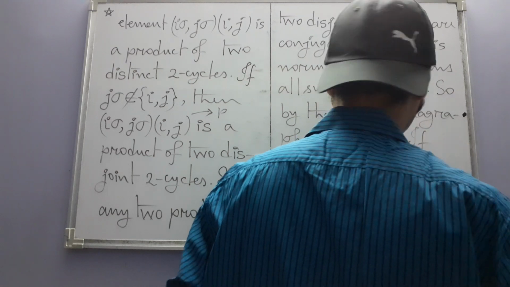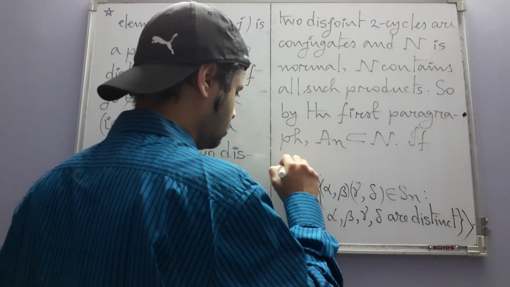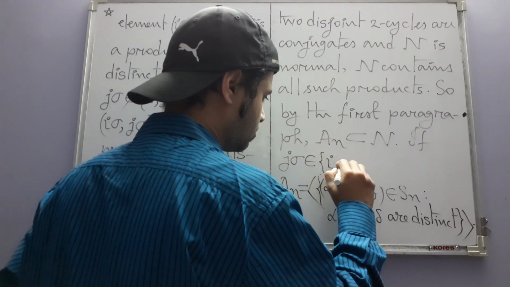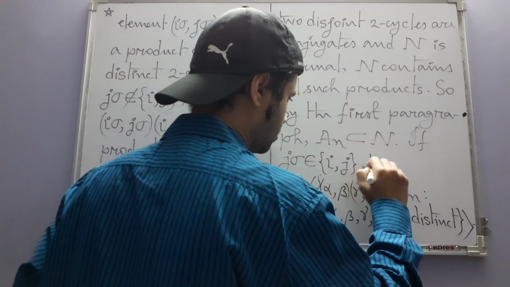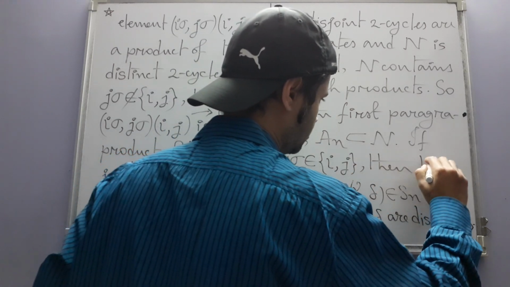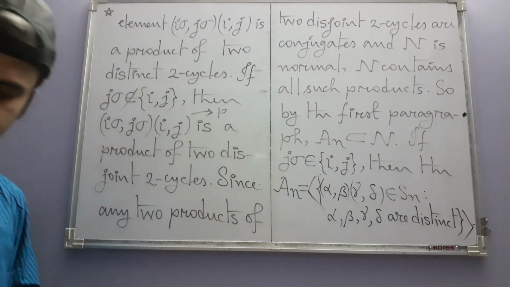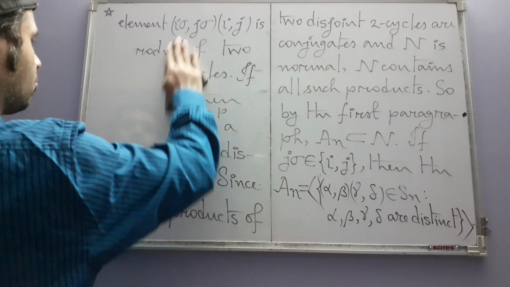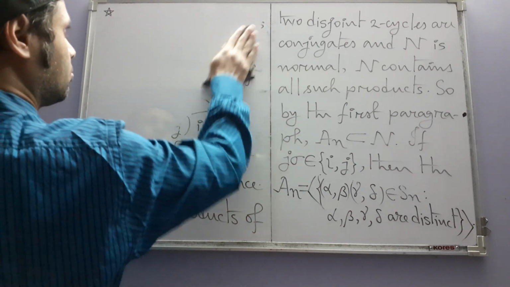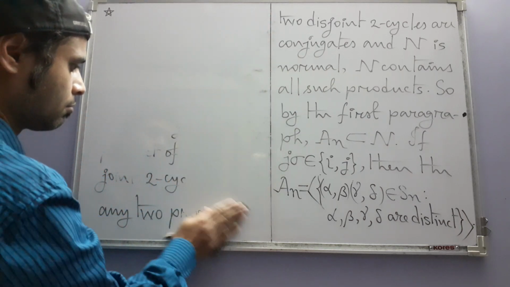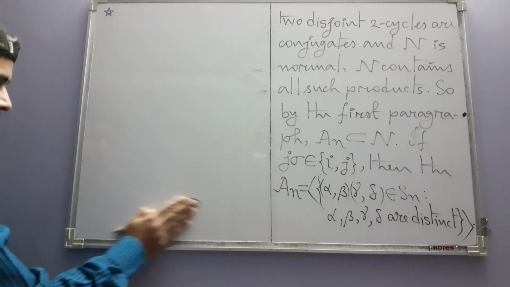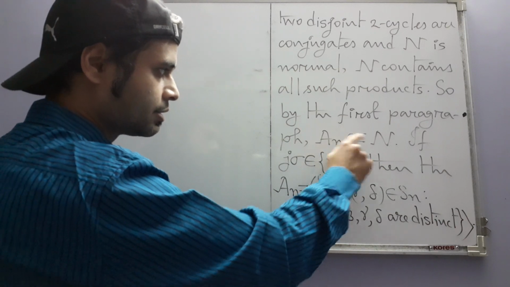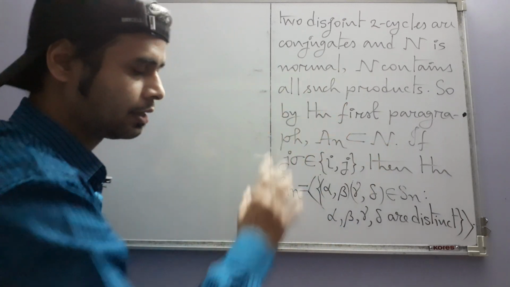If jσ belongs to this set, then the product... So the use of this fact is only in showing that this is contained in N in that case.